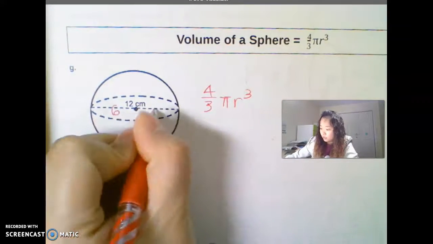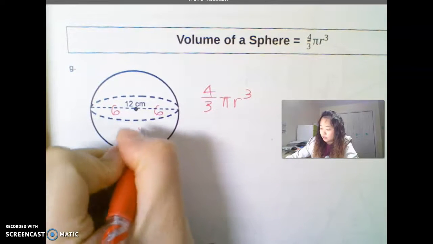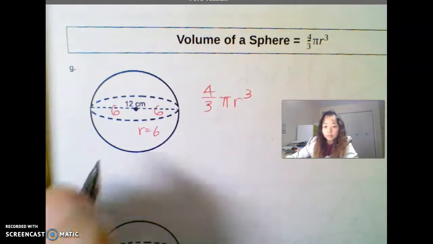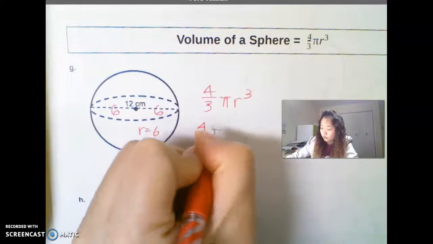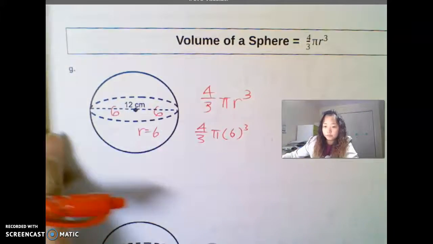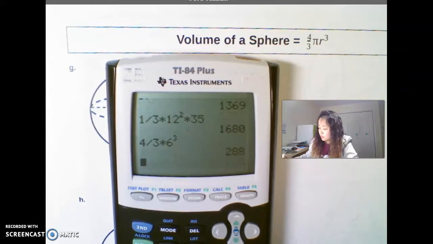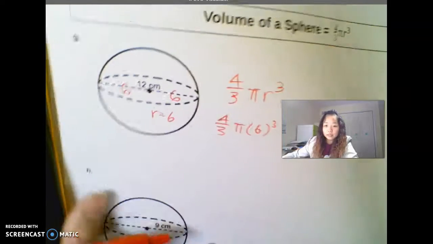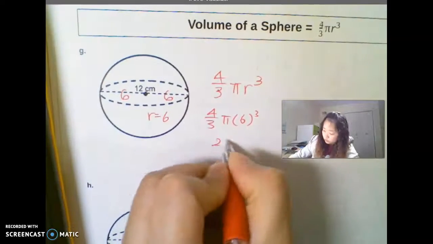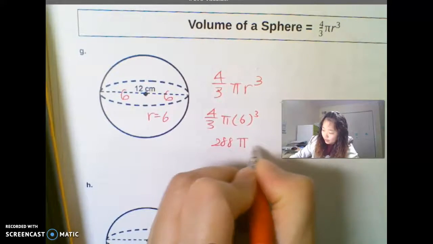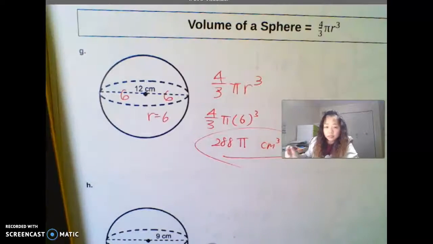So make sure that if you have a diameter, then you have to find the half of it to get the radius. So it's 4/3 pi 6 cubed. 4/3 times 6 cubed, 288. 288, don't forget the pi, and don't forget the unit. Done.